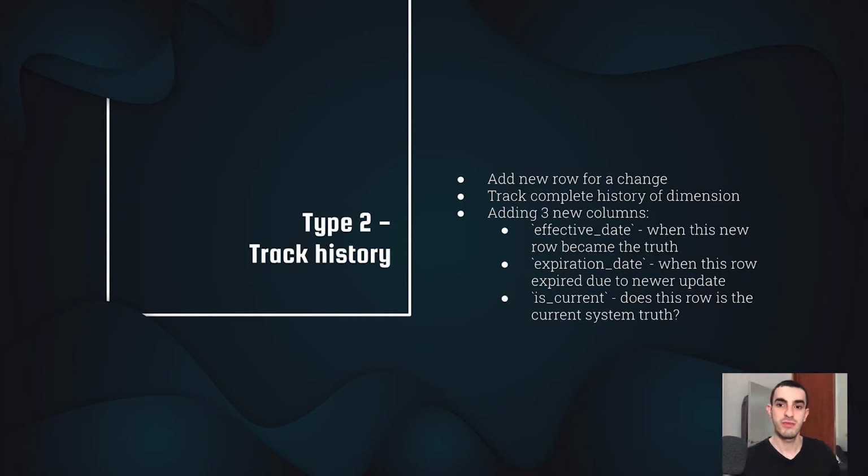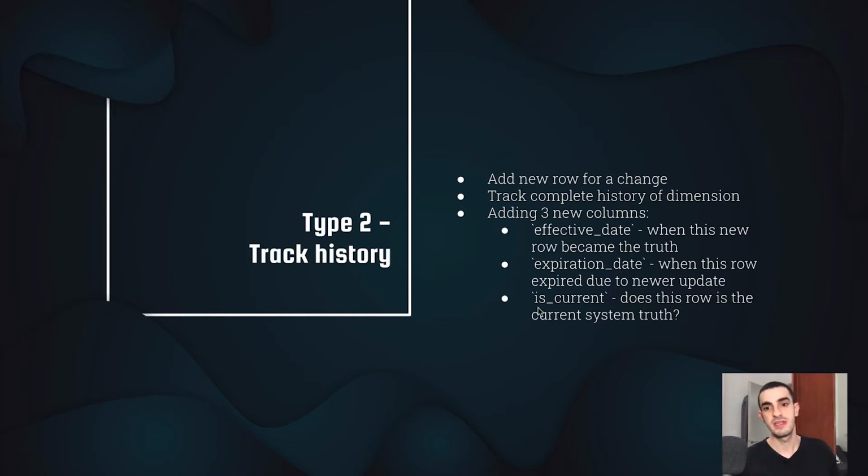So the effective date will be a day in May 2012 to reflect that. Expiration date is when the data stopped to be the current truth. So when we add a new row, the original row before that gets an expiration date of the same day we added the new row. So we will know from when to when this data segment was true.